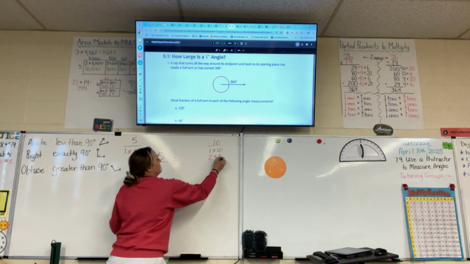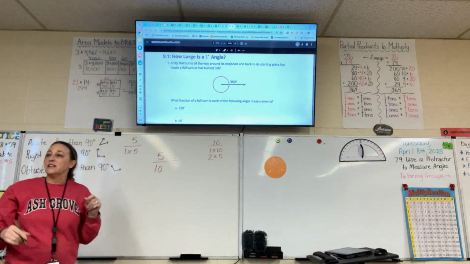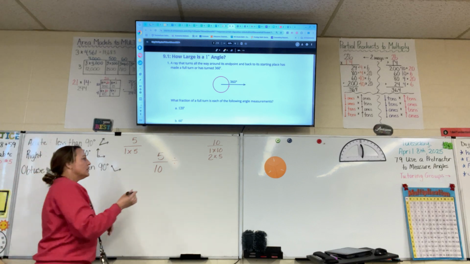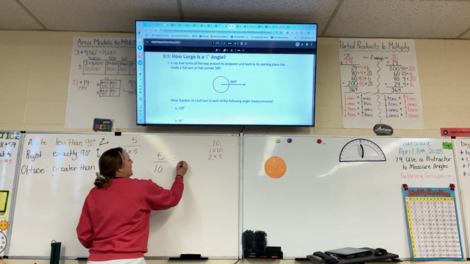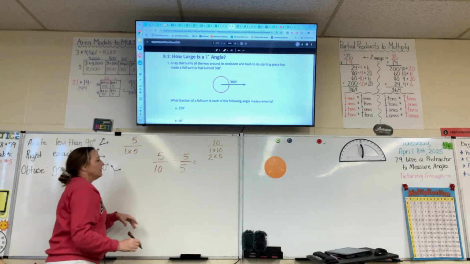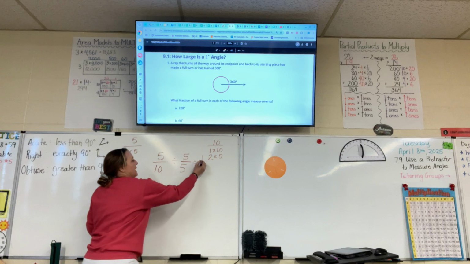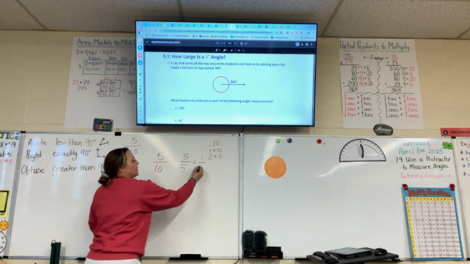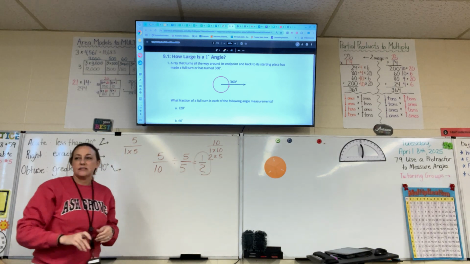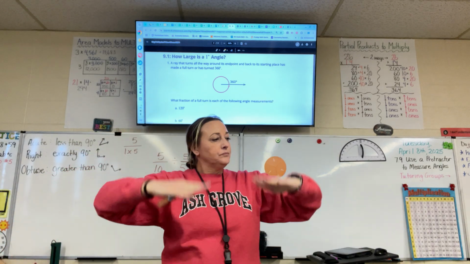So the greatest common factor, the biggest number that appears in both lists is 5, right? So if you divide 5 and 10 by their greatest common factor, what's 5 divided by 5? 1. And 10 divided by 5? 2. You would have 1/2. That's the simplest form, right? Remember, if we do it to the top?